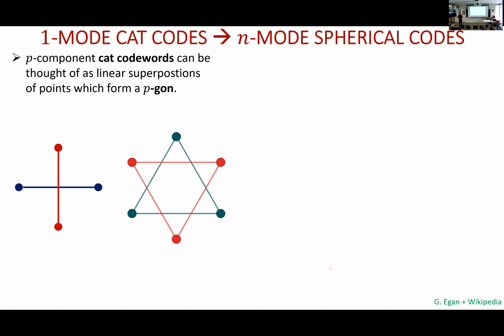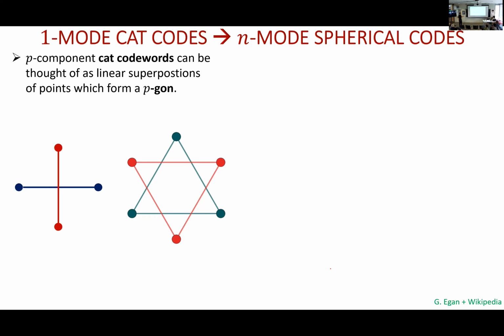I can get into what benefits that code offers, what kind of noise it protects from. If you'd like, feel free to ask me. I will though continue just with this geometric picture to convey how to generalize it. These states form a line segment, vertices of a line segment.